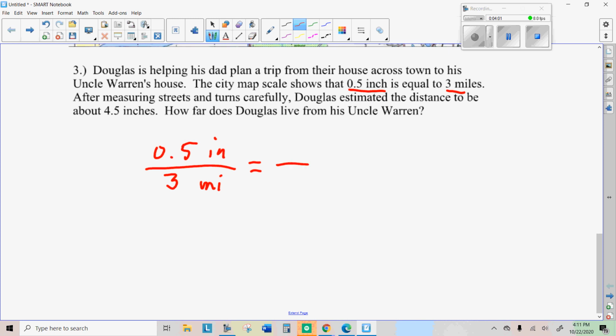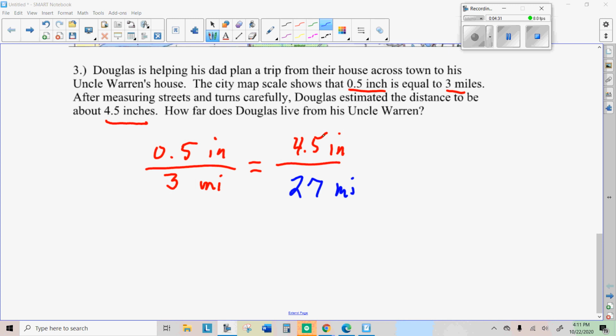Okay, and we want to find how far apart Douglas and his uncle live, and so Douglas measured the distance on the map and found it to be 4.5 inches. We're going to put that there, and now go ahead and calculate this proportion to find out how many miles that would be in real life. Well, I got 27 miles.